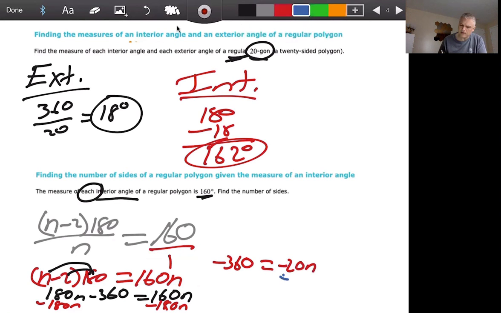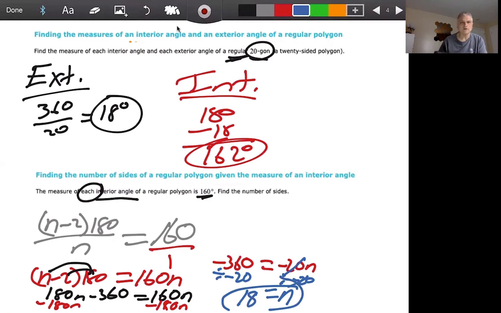And now I will divide by negative 20 so that I get n isolated. So negative 360 divided by negative 20 is positive 18. So if it's a regular polygon and one interior angle is 160, then it must be an 18-gon.